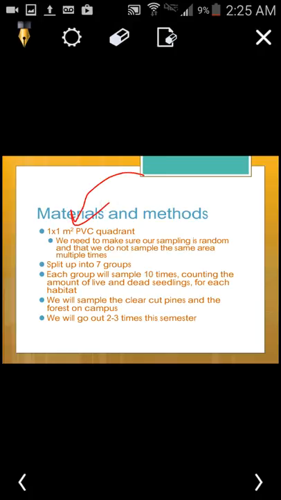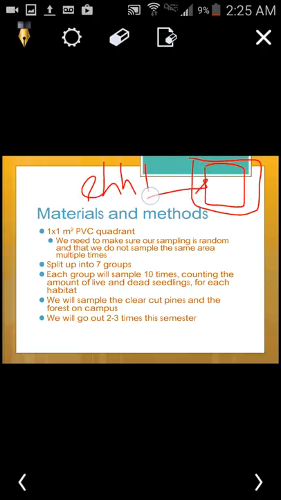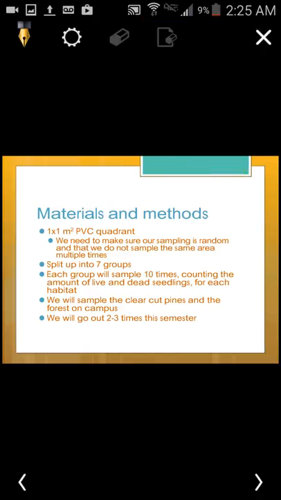So we did a 1 meter by 1 meter squared PVC quadrant. It really wasn't 1 meter, but whatever. We just kind of had that one and said, yeah, 1 meter squared, it's alright.